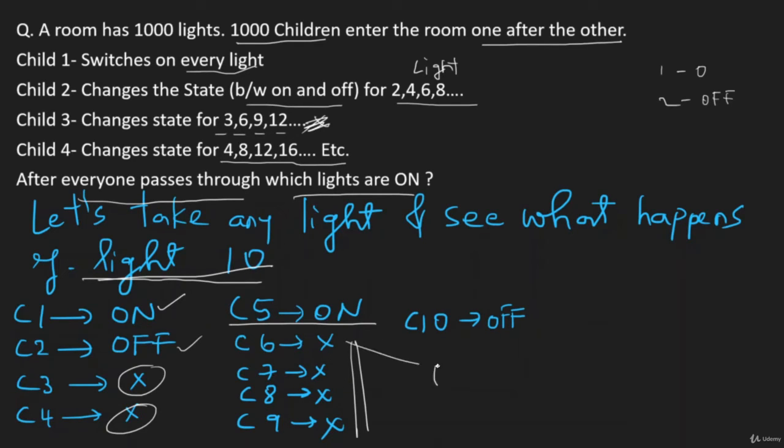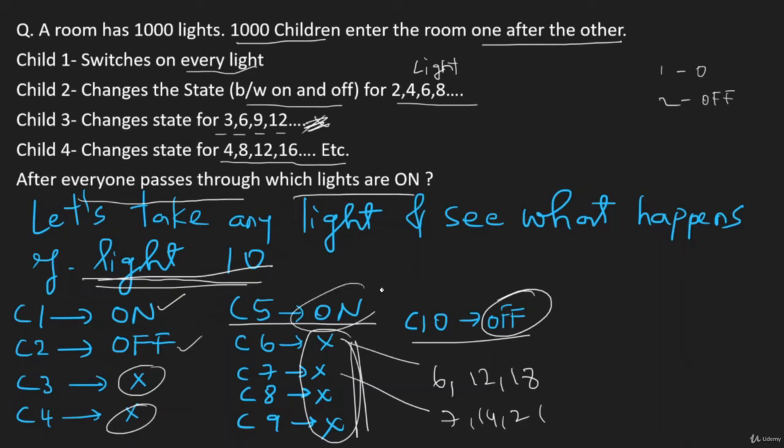Child 6 will only touch lights 6, 12, 18, etc. In the case of 7, it will be 7, 14, 21, and in the case of 8, it will be 8, 16, and for 9, it will be 9, 18, etc. And child 10 will switch it off, because it was on, so they'll change it to off.